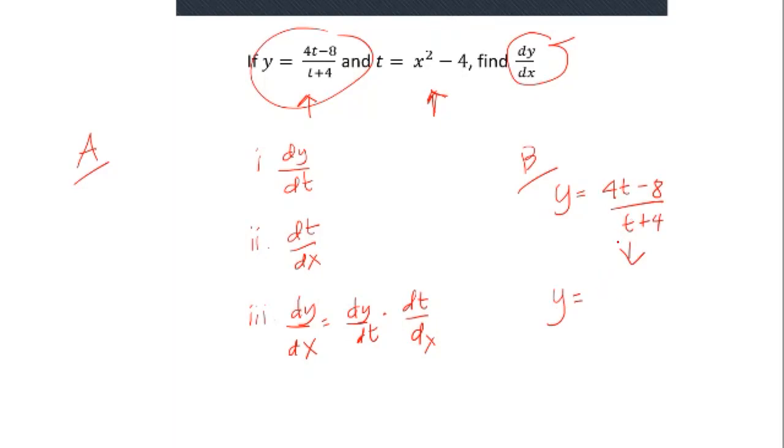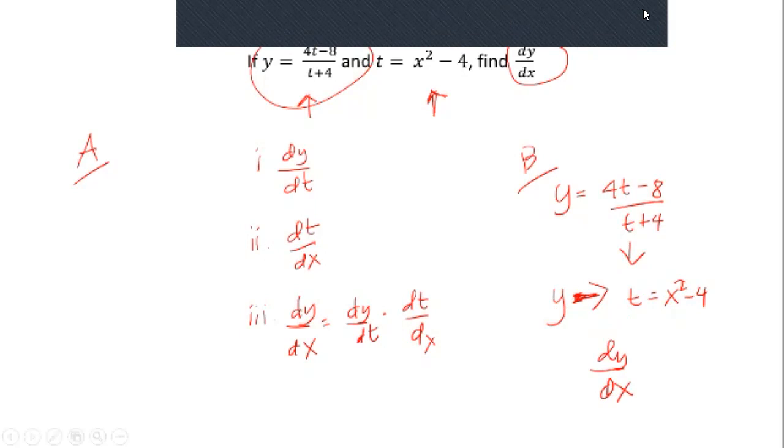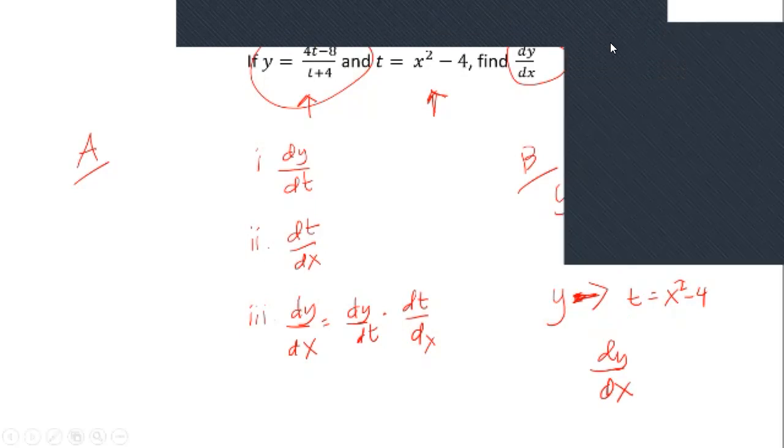So you substitute t with the value x squared minus 4. And then directly, once y is in terms of x, we get the derivative of y with respect to x. Okay? So let's show how these two methods are used in getting the derivative.